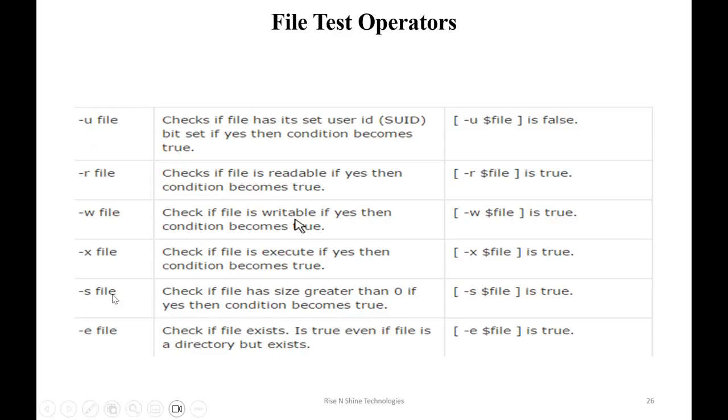If you give -s and the file size is greater than 0, then the condition becomes true. If the file size is 0, then -s is false. There we are using -z, that is 0 length of the string. Now we are talking about the file content. If the file size is 0 bytes, then it returns true, otherwise it is false.